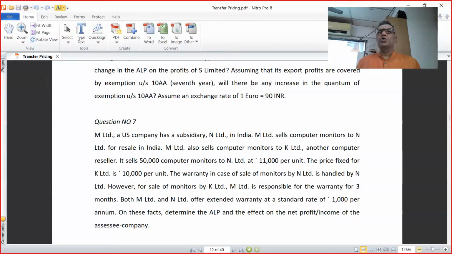Slowly we understood what is an associated enterprise, what is international, what is a transaction, what is a deemed international transaction. We are in 92C, ALP, arm's length price. In that, we have understood the first aspect, the comparable uncontrolled price method.